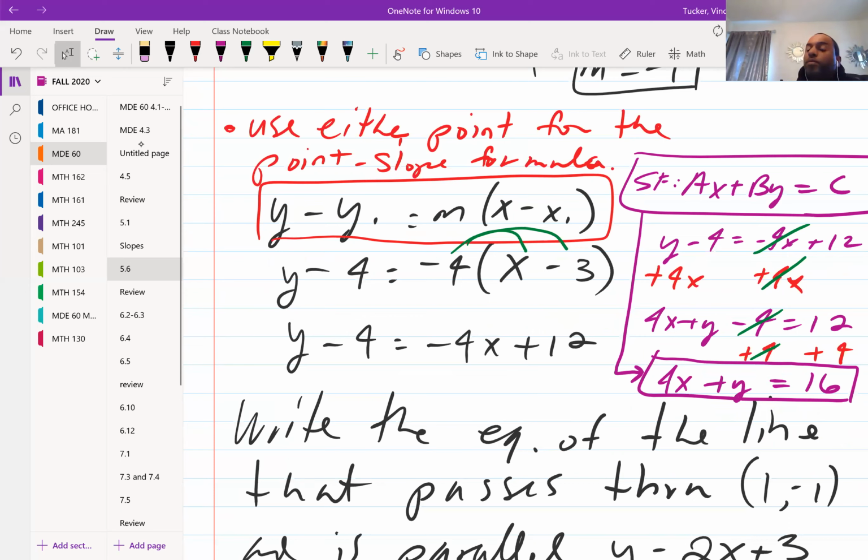Question before we look at another one? Another condition that you may see.